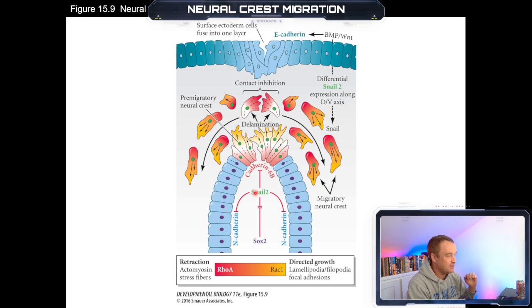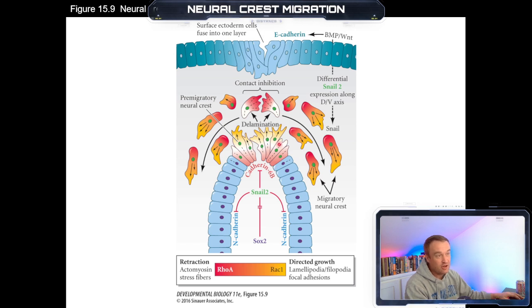So if at the beginning state BMP is the highest and WNT is at a normal middle level, that supports SNAIL2 being regulated. SNAIL2 proteins then repress N-cadherin and E-cadherin in this domain.